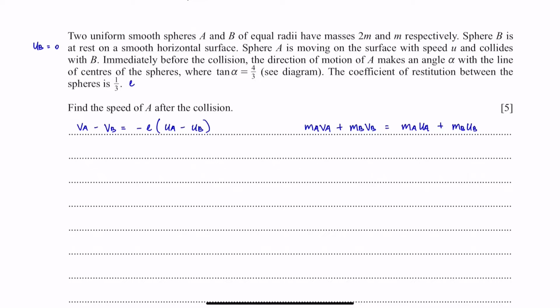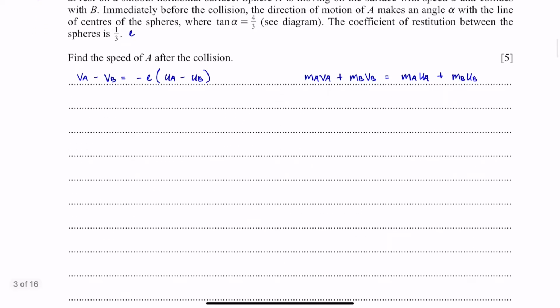So let's look at the first equation first. We have VA as our unknown and VB is also our unknown, minus 1 over 3 times.